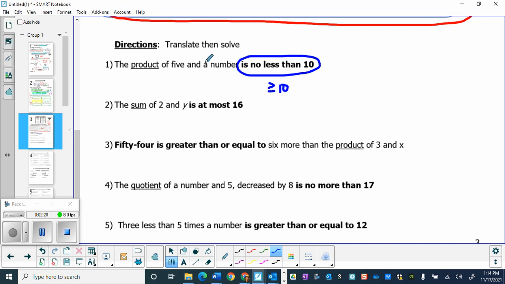So the product of 5 and a number is not less than 10. That means 5x is greater than or equal to the 10. And let me just move this over here real quick, because now we're just going to solve it. When we see a coefficient, we divide. So x here is going to be greater than or equal to 2.